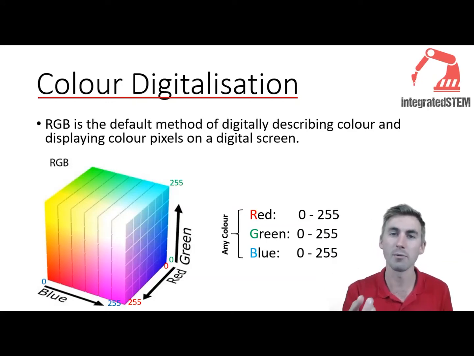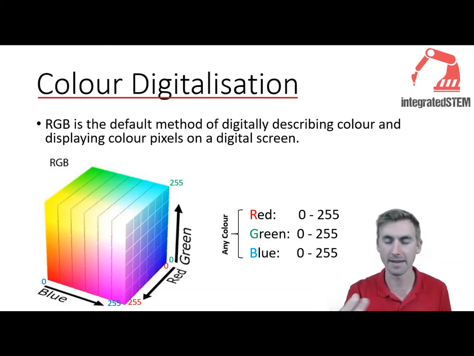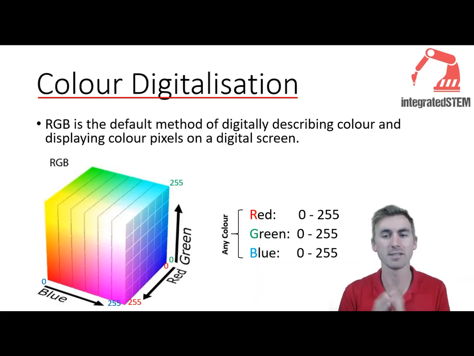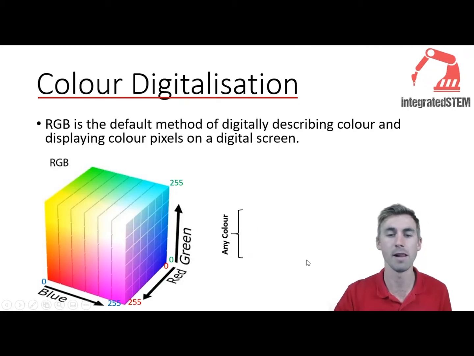Now, the reason why we can go from 0 to 255 is because that 255 symbolizes a byte of data. Now, there's a lot of things that I could go into about digital electronics, but just know that in any color we choose, it's going to be between 0 and 255 for red, green, or blue. So if I wanted to give you an example, for example, we have indigo.